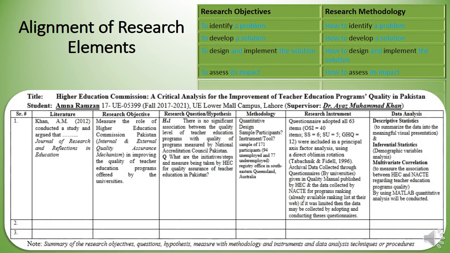Dear student, keep it in your mind that there should always be an alignment of all the research elements, meaning your research objective, then the research questions which correspond to particular research objectives, and then the research methodology, what sort of method you have adopted, then the research instrument that you would be using for that particular purpose, and last but not the least, the data analysis.